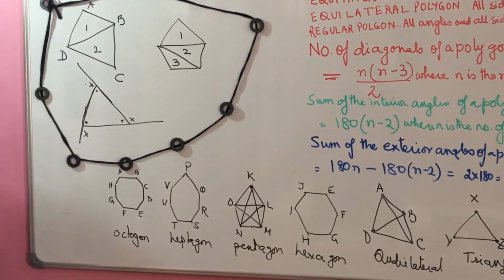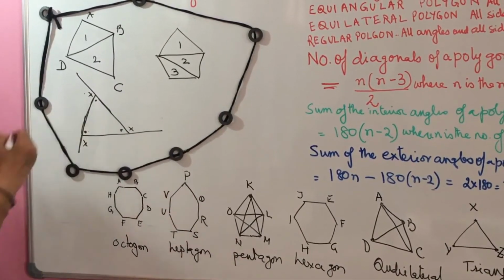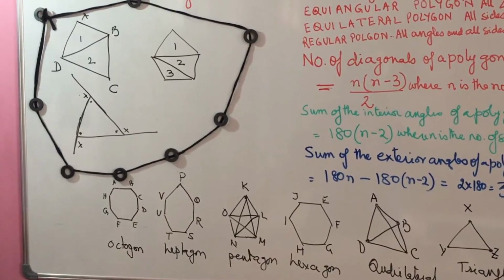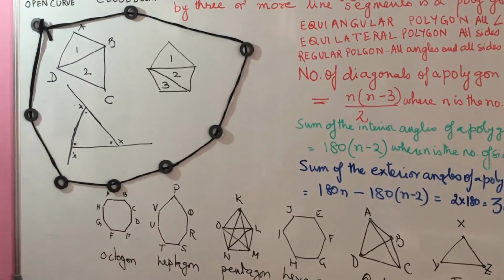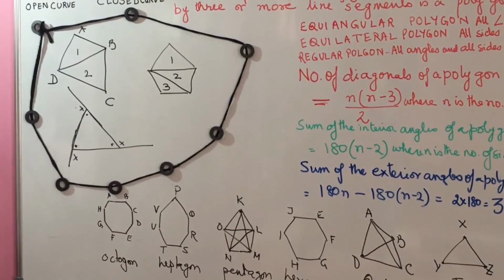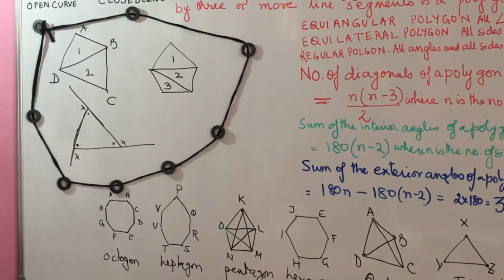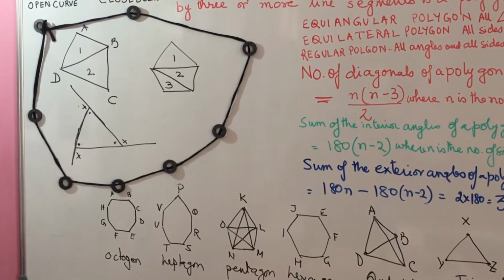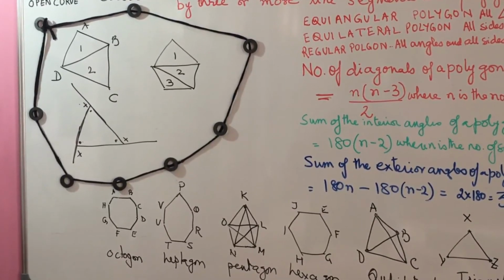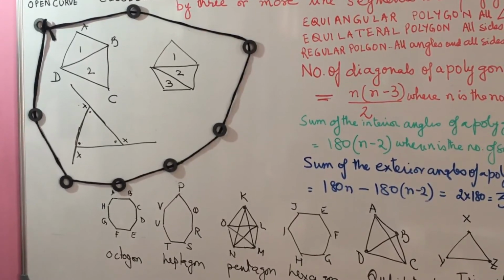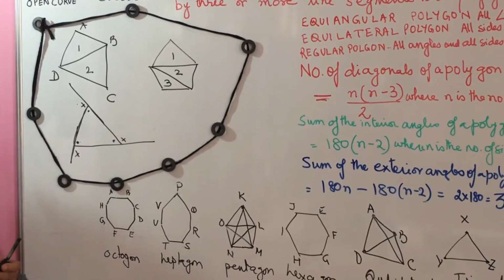So when we add up all these 6 angles, the sum of the exterior angles plus the sum of the interior angles is equal to 3 times 180 degrees. If we subtract 180 degrees, which is the sum of only the interior angles, we get 360 degrees. This is the sum of the exterior angles of a triangle.